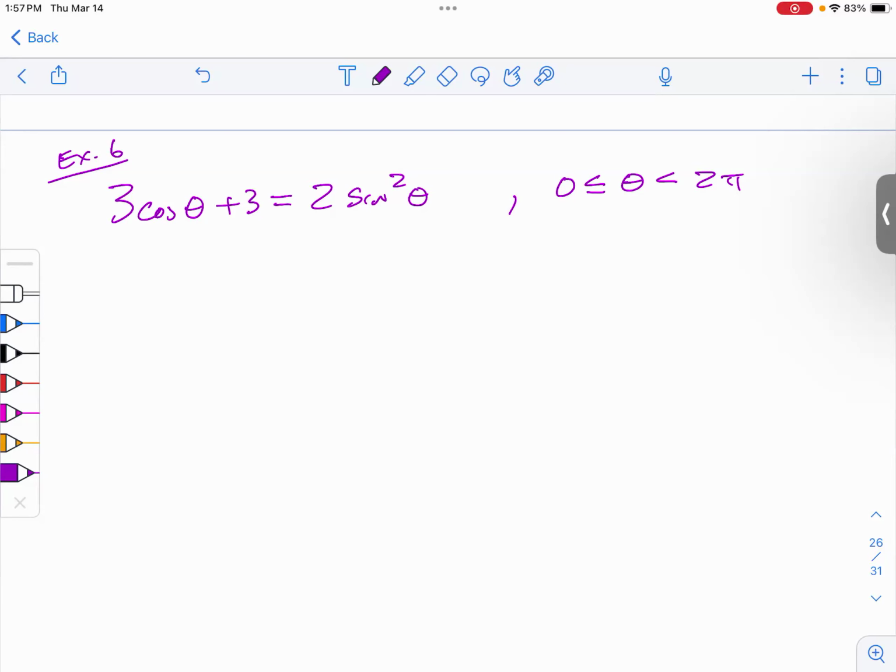Ideally, I want this in all sines or all cosines. We change the sine squared theta into cosine using the fundamental identity. And this one actually can only go to cosine. I can't convert this to all sines because there is no direct function for cosine going to sine.